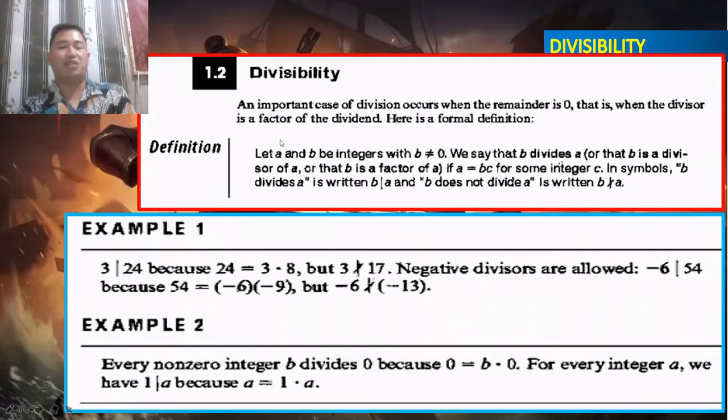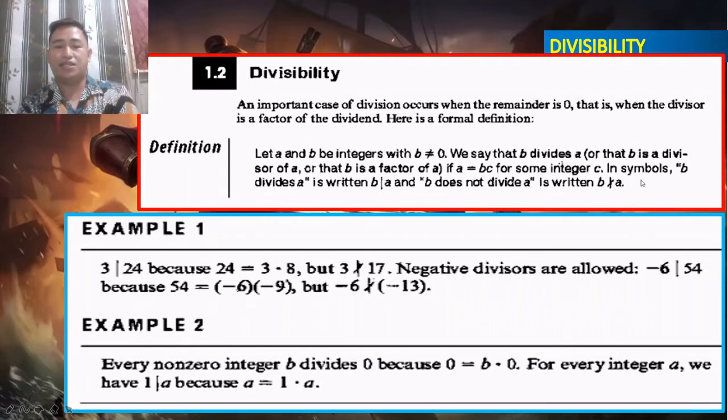Here a can be negative. And b can also be negative, since b is an integer such that it is not 0. But a can be 0. Right? So a is equal to bc for some integer c.